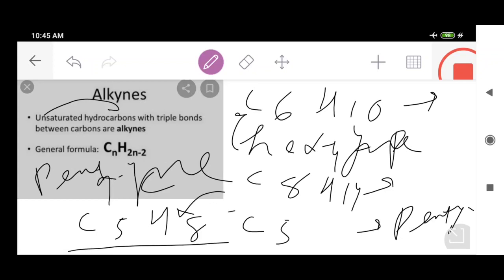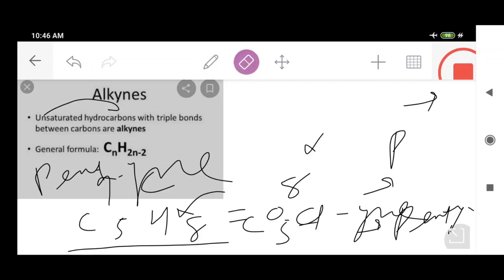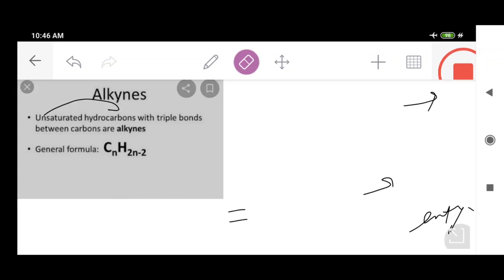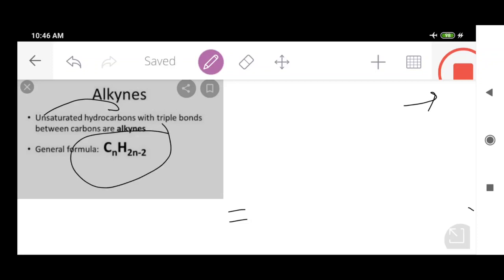This is octyne. So this was the alkyne series. By using the general formula of these alkynes, we can get the series. By putting the value of the number of carbon atoms in this general formula, we will get this alkyne series.